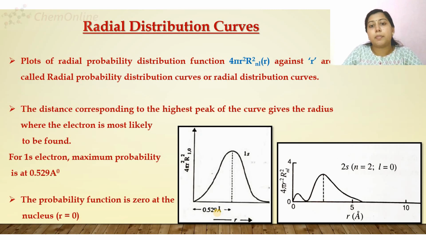So the maxima in each plot give you the best probability of finding an electron. Also, the probability function is 0 at the nucleus. That is, at r equal to 0, the probability function is 0.